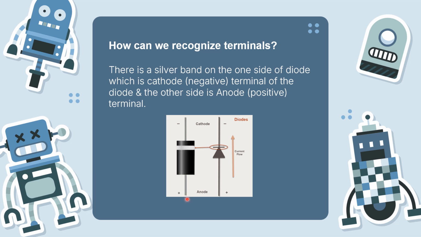And if we put positive voltage on the anode and negative voltage on the cathode, we call it forward bias, and current can flow in this direction like this. But the other way, if we put negative voltage on the anode and positive voltage on the cathode, it's in reverse bias, then the current can't go through the diode.